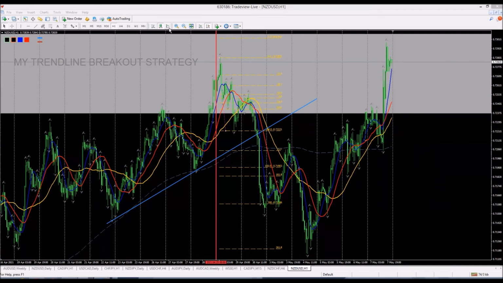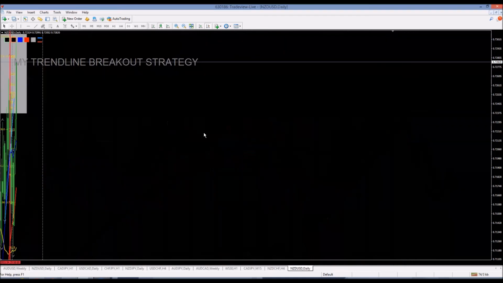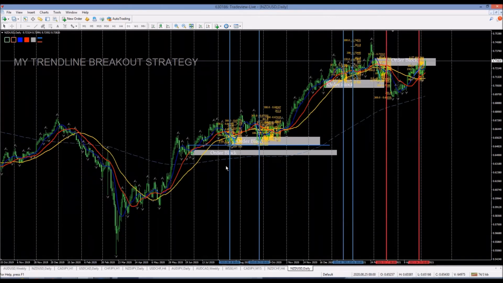Let's just, to illustrate the point further, have a look. Price respected and bounced, right? Went into the order block and came out of it. Here, went into the order block and came out of it. Here, it was up, it came down, went into the order block and came out of it.